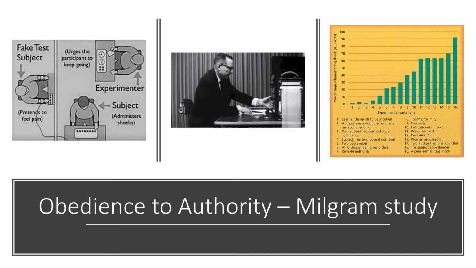And eventually, as the shock power keeps increasing, getting higher and higher, the person, quote unquote, stops responding. Now, as I said before, there's not actually a person. That was a pre-recorded message. Everyone hears the same thing. And the question is, how high up in voltage will the participant go?